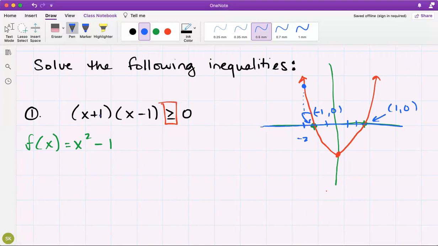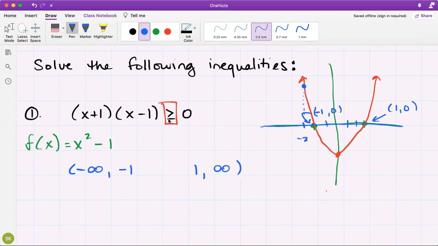So the values of x that, when you plug them into the function, you get something that's greater than or equal to 0, would be from negative infinity to -1. Let's talk about if we need a bracket or a parenthesis there. And also from 1 to infinity.